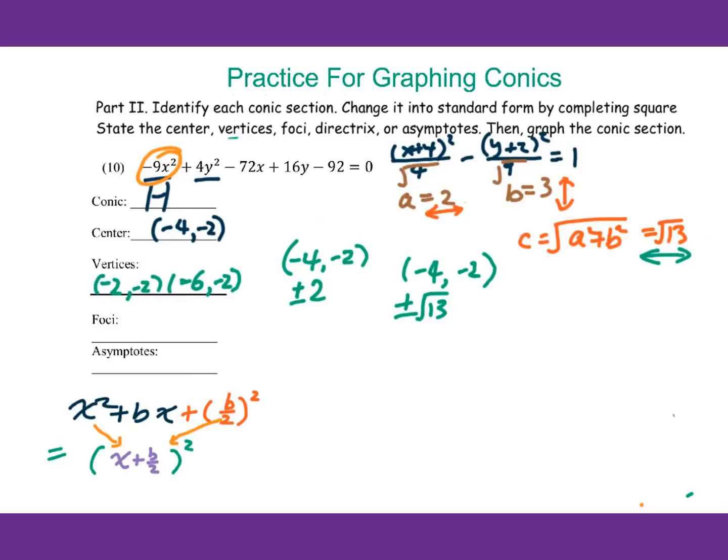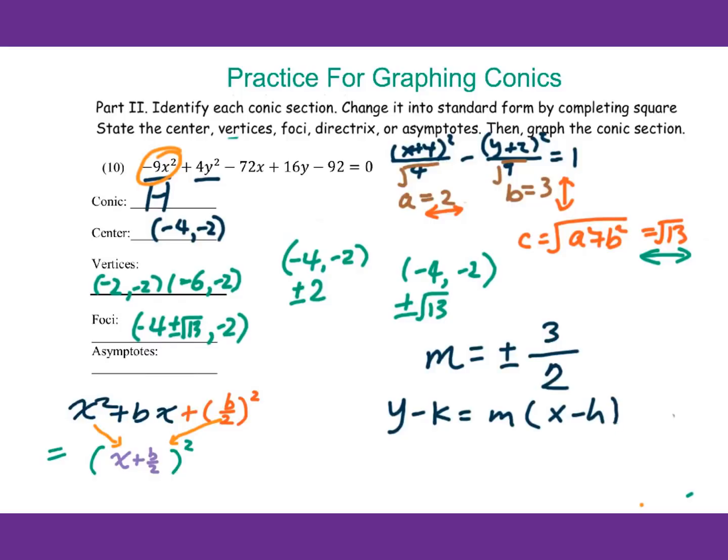So you will get negative 4 plus or minus square root of 13, then negative 2. For the asymptote line, slope equals rise over run, that's 3/2. Using y minus k equals m times x minus h, you will get y plus 2 equals plus or minus 3/2 times x plus 4.